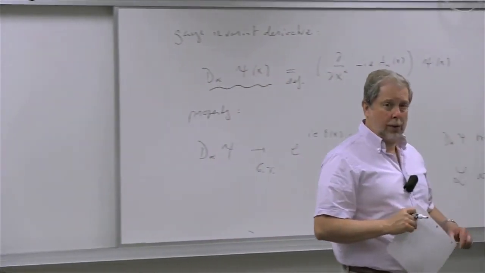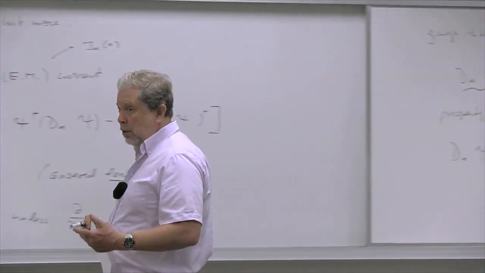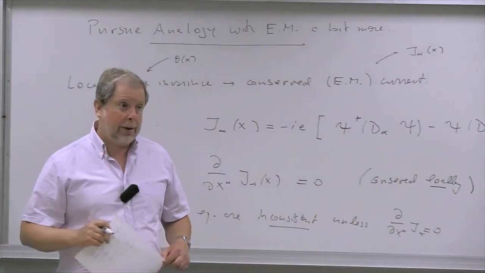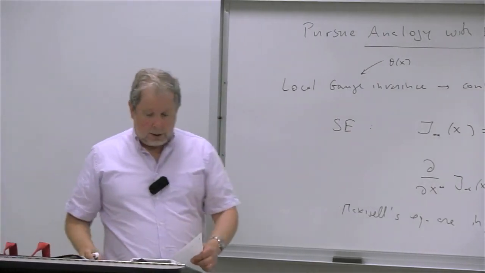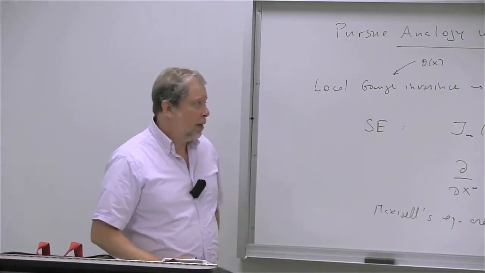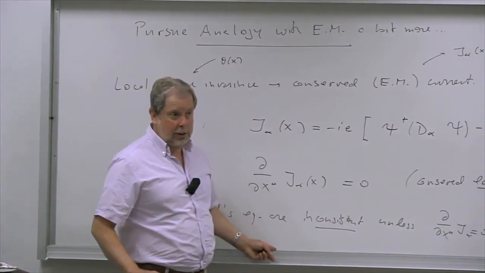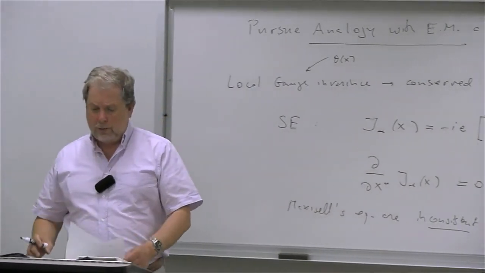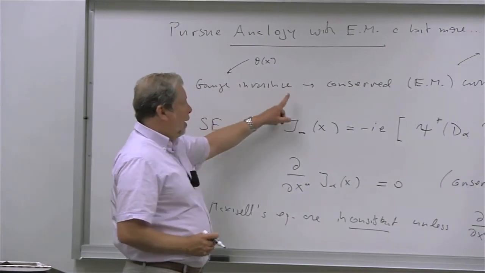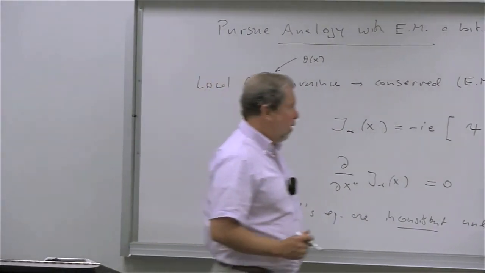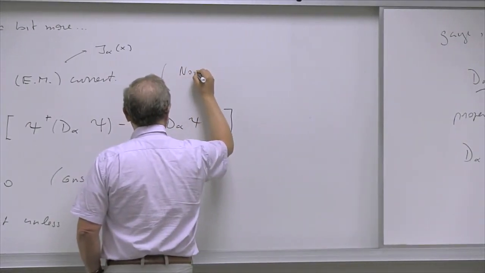When you look at Maxwell's equations, you know that if the continuity equation is satisfied, then Maxwell's equations are consistent. Otherwise, they're not. So there is a sequence of relationships between these different statements having to do with local gauge invariance, current conservation and the consistency of the field equations for electromagnetism, which are all tied together. In fact, the statement that local gauge invariance implies the conserved current is one application of what is called Noether's theorem.